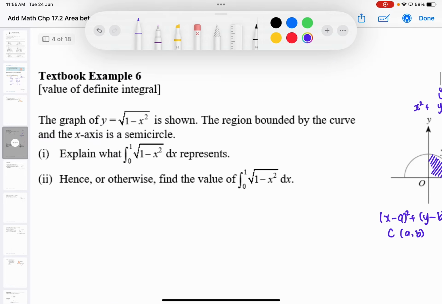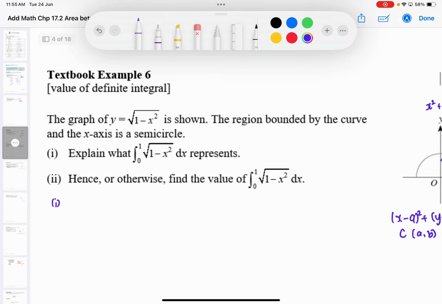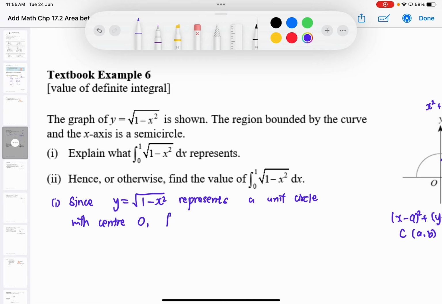Okay, so part 1: since y equals the square root of 1 minus x squared represents a unit circle with center O, integrating this expression from 0 to 1 represents the area of a quadrant.